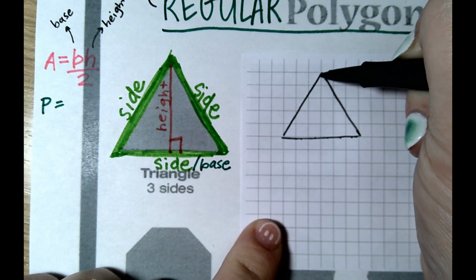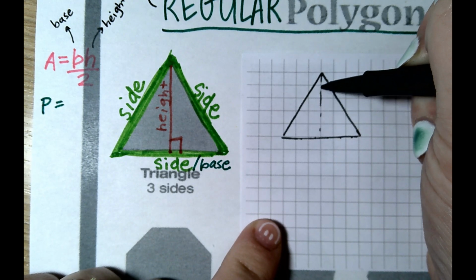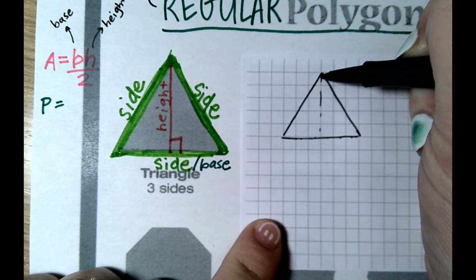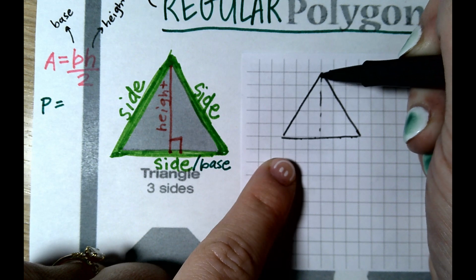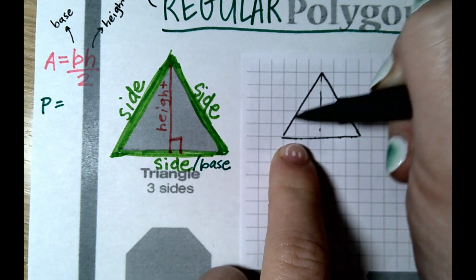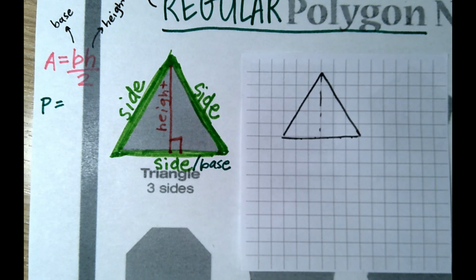Well, let's see. 1, 2, 3, 4, 5. So 3, 5. What would that make this? 6. Would it be 6?